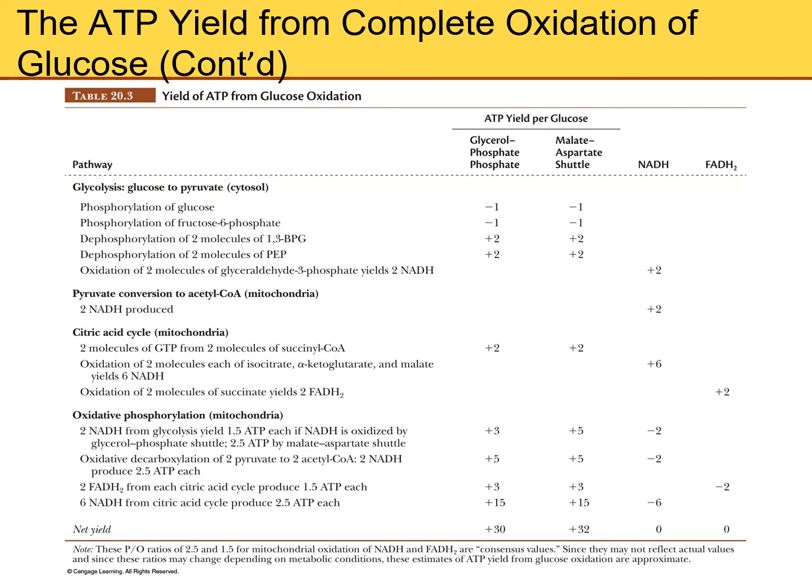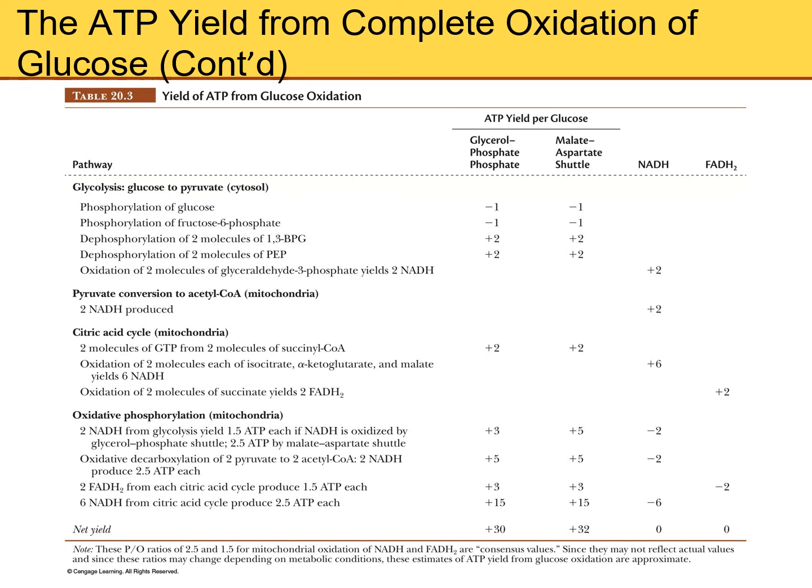In pyruvate conversion to acetyl-CoA, I am producing 2 NADH molecules. In the citric acid cycle, we have 2 molecules of GTP that are produced that we're calling homologous to ATP molecules. So we have 2 more ATPs there, and we are producing 6 NADHs and 2 FADH2s.